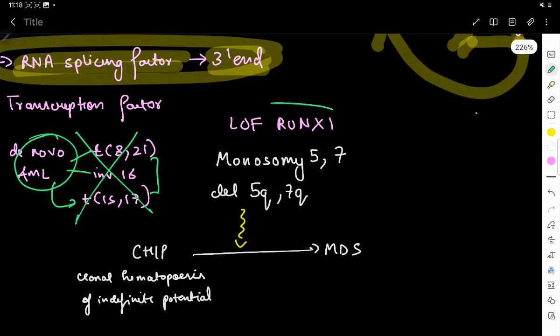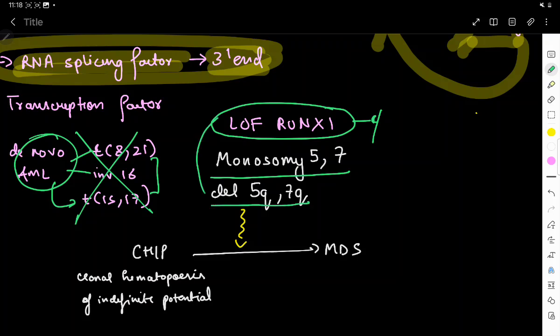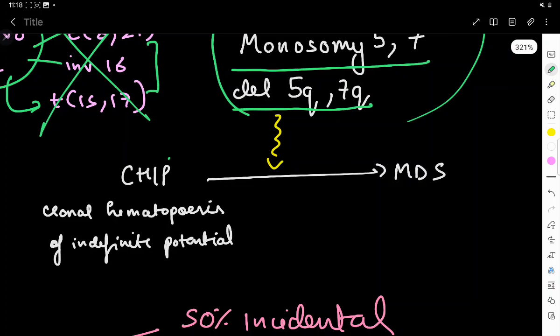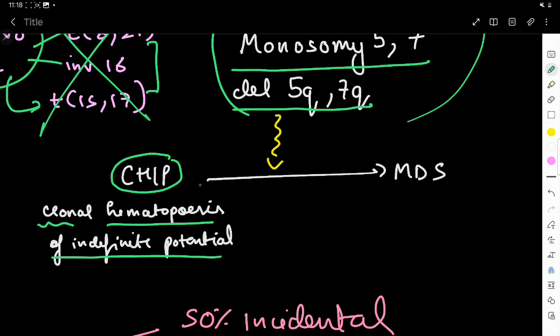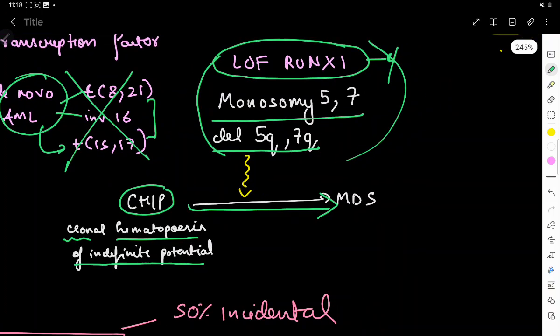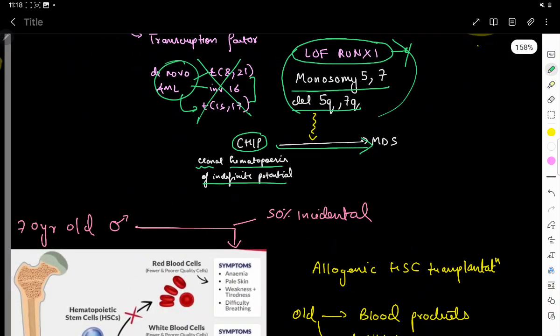What you see is loss of function of RUNX1, that is a common mutation in case of MDS. You see monosomy 5 and 7 and deletion 5q and 7q. These are mutations which are seen in MDS, and we have an entity related to MDS, that is CHIP, clonal hematopoiesis of indeterminate potential. This CHIP changes to MDS in case we have these mutations. So this is another thing you may remember.